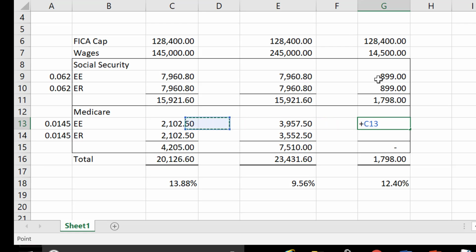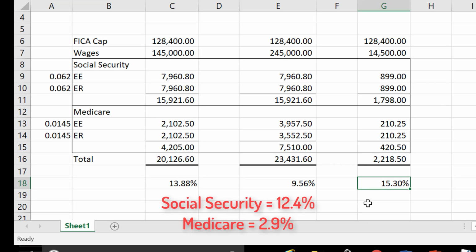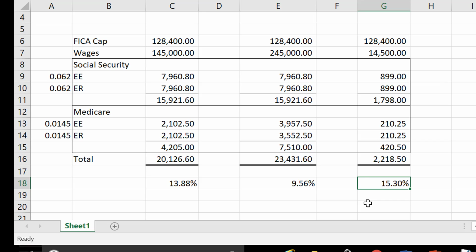And same with her Medicare tax. And there's the 15.3%, right? That's the 12.4 plus the 2.9, or 15.3%. And again, speaks to the regressivity of employment taxes.